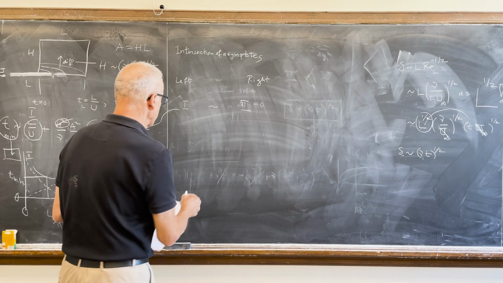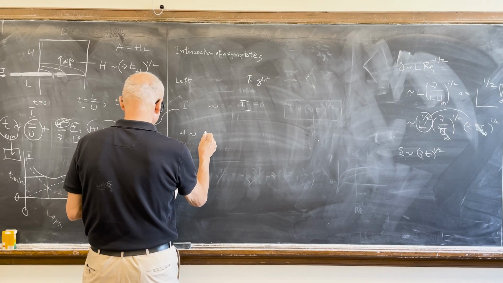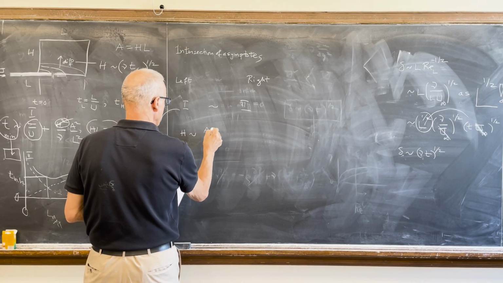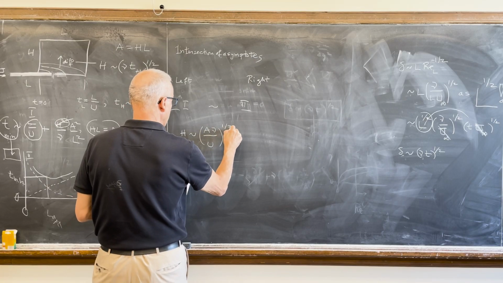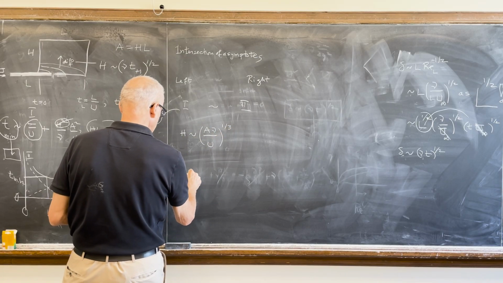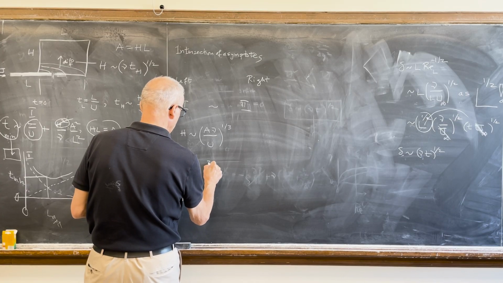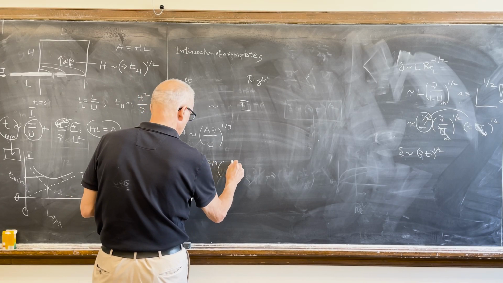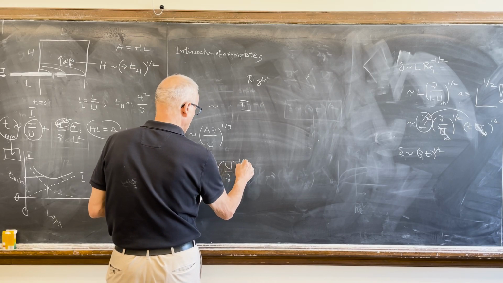these results. The dimension H turns out to be A nu over U to power 1/3. The other dimension L is A to 2/3, and then U over nu to 1/3.